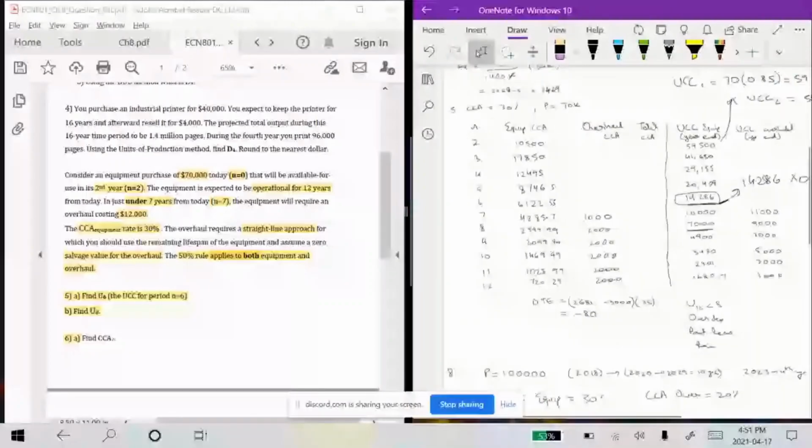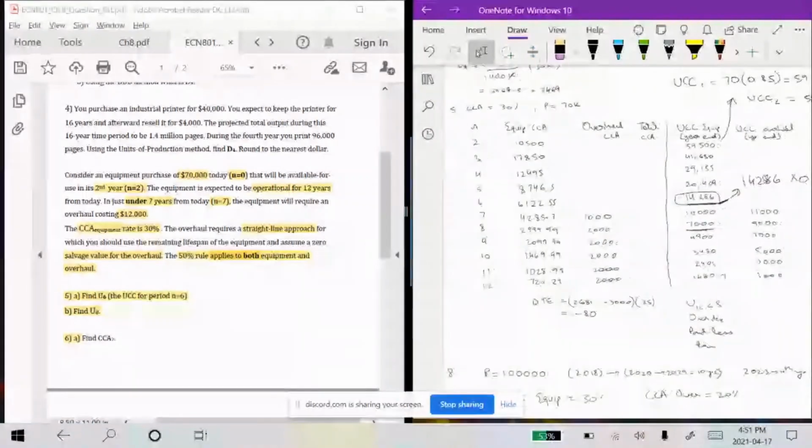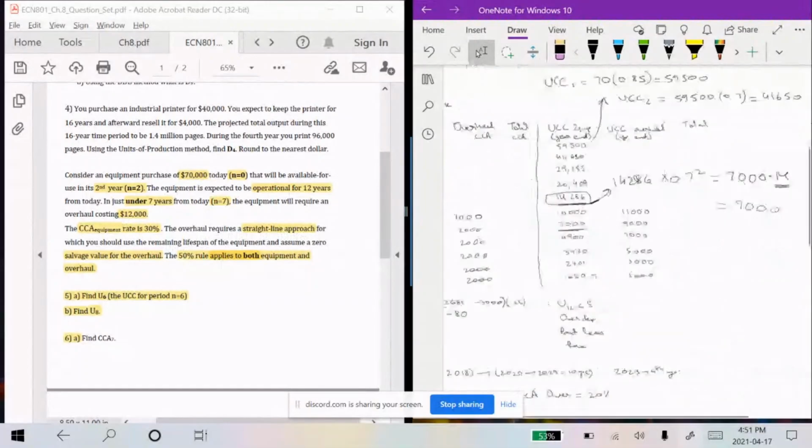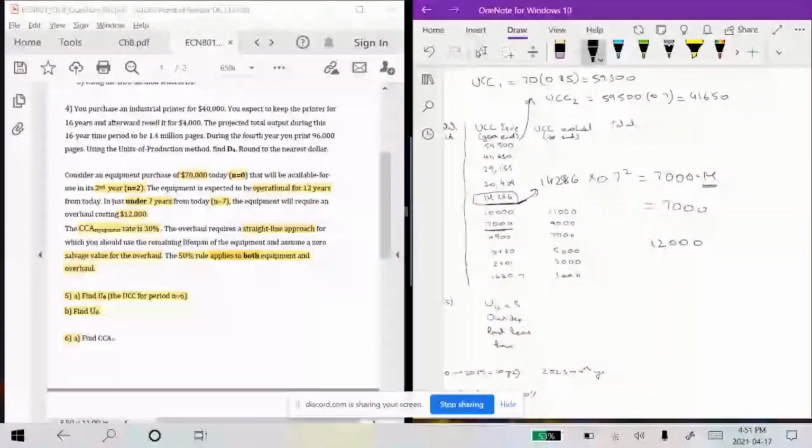Yeah, then for the overall, we do is said the overall requires the straight line approach, and it is 12,000. The salvage value for the overall is 0 right here. 12,000 minus 0 divided by, we use the overall in n equals to 7, right?